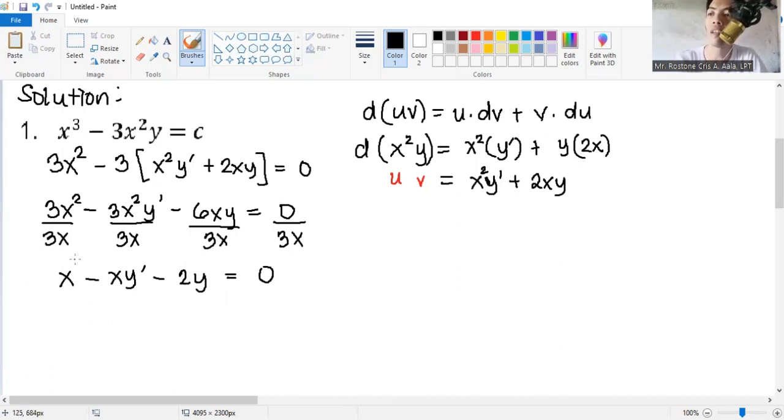But we can simplify it more in terms of dy over dx. So, pwede po nating i-transpose yung negative xy prime doon sa right side. So, on the left side, we have x minus 2y is equal to, transposing negative xy prime, positive xy prime.